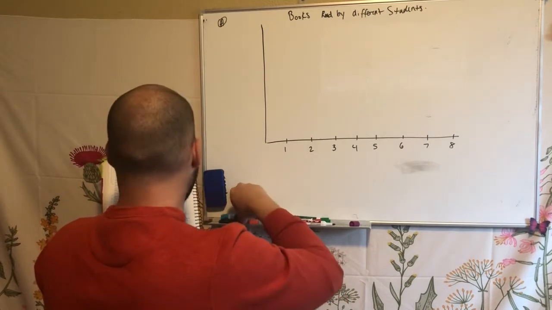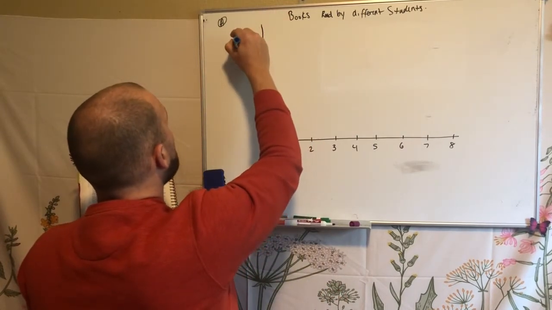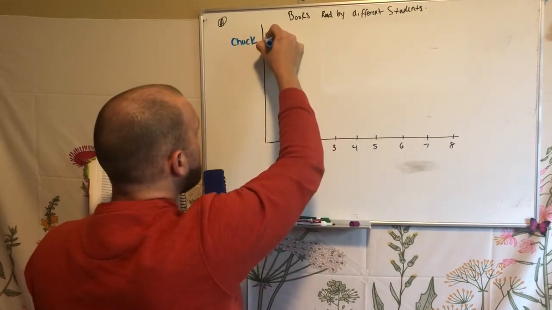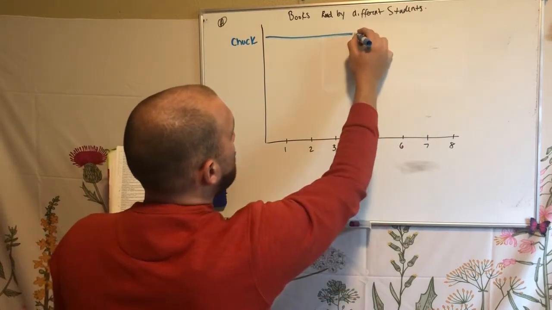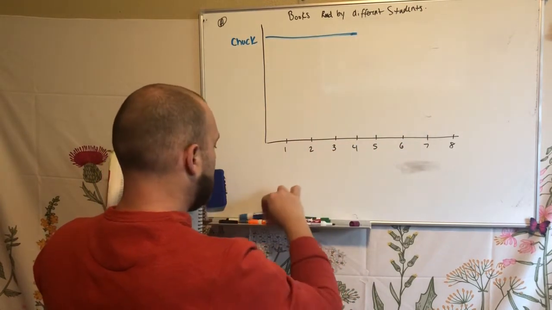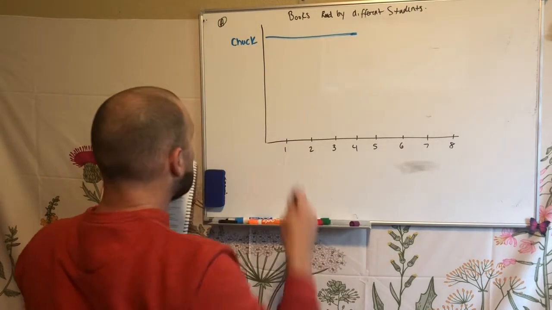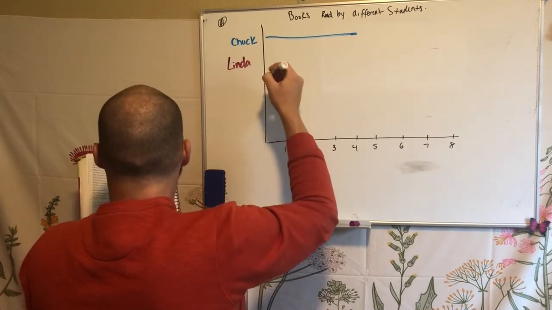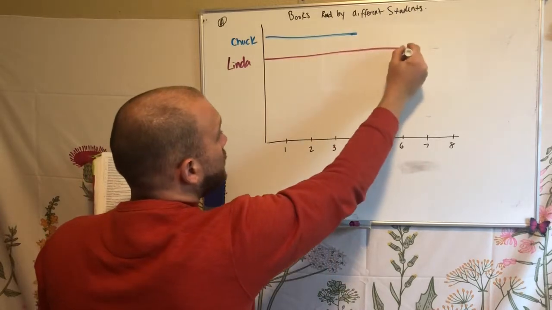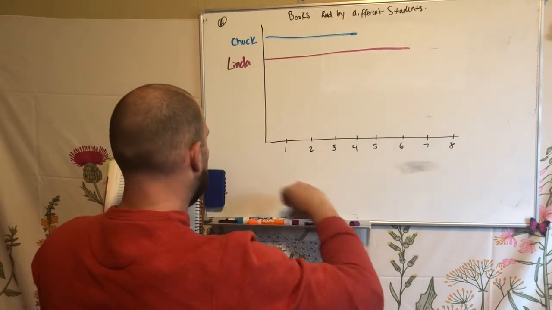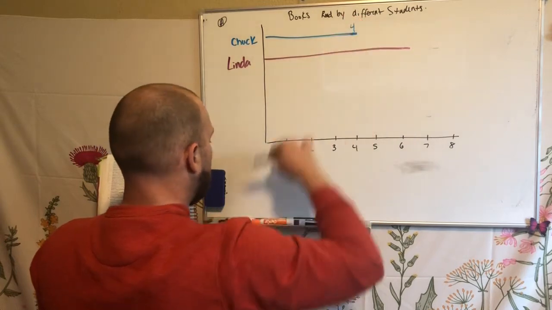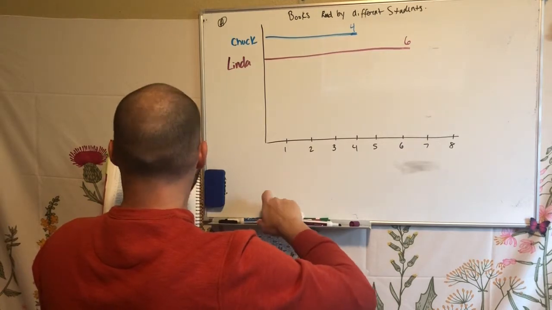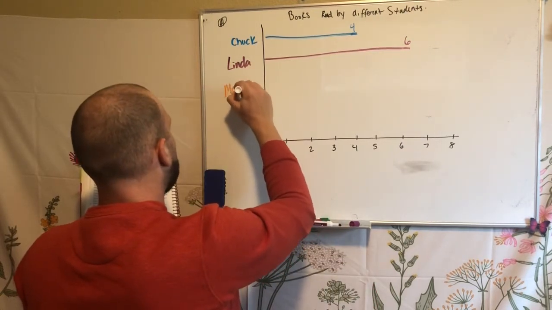So, here we have Chuck, who read, looks like 4 books. He went up to 4. We have Linda. Linda read quite a bit. She read 6. I'll write the number here so you can see it a little bit better. Then we have Maria.